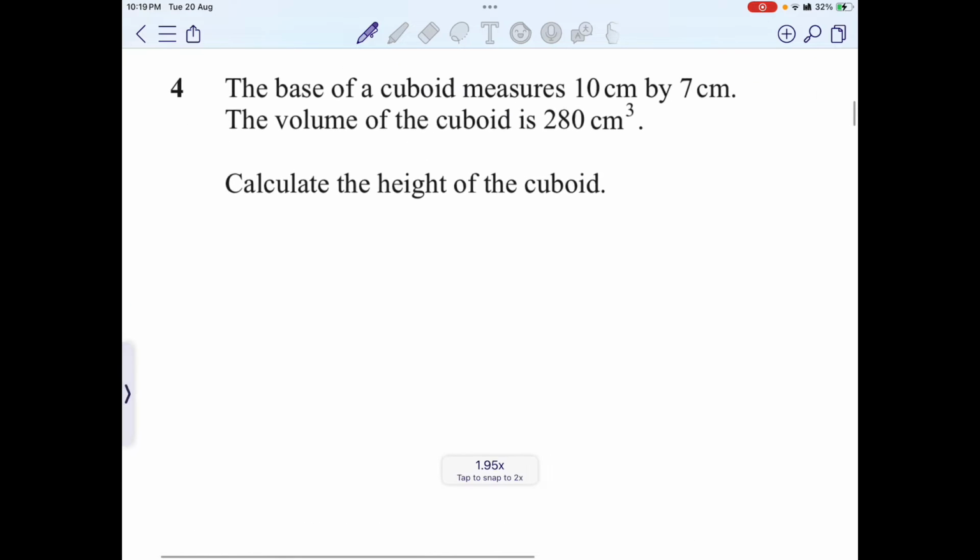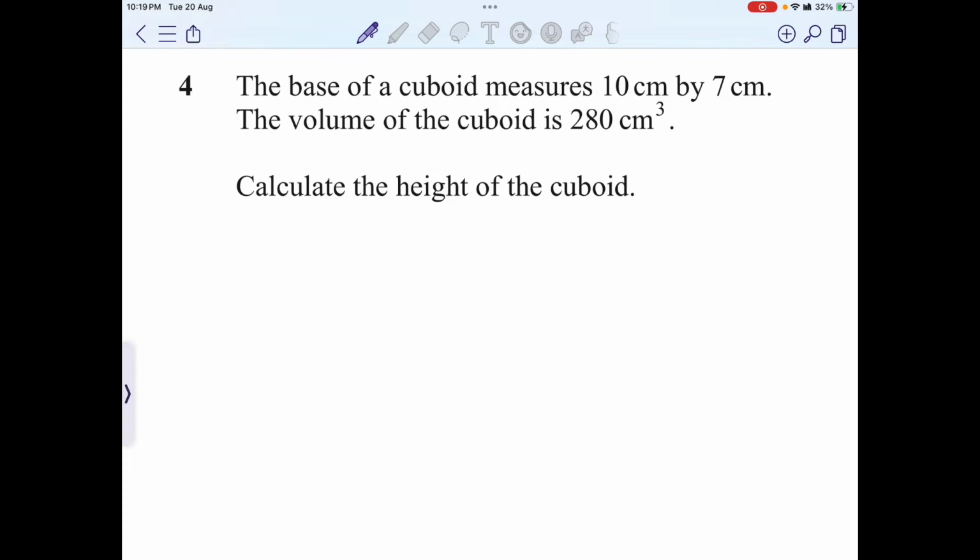Moving on, it says that the base of a cuboid measures 10 centimeters by 7 centimeters. The volume is 280 cubic centimeters. Find the height. Now, whenever we calculate the volume of a cuboid, it's the length times the width times the height.